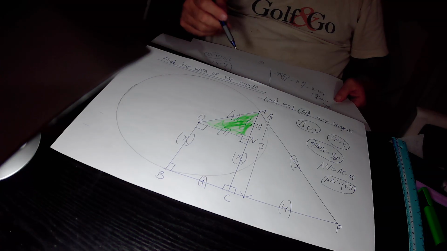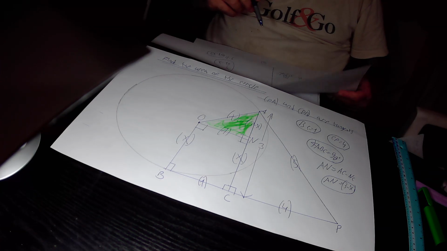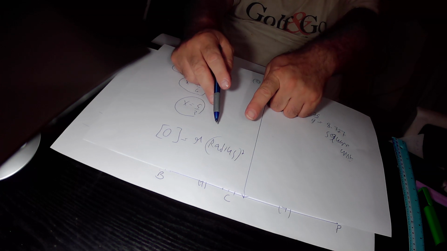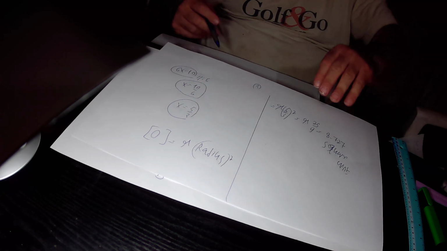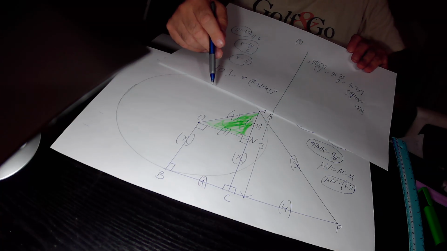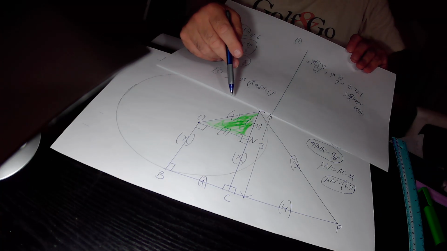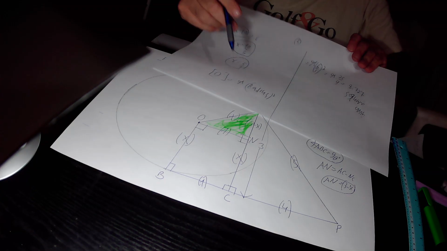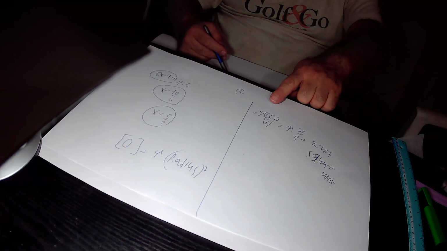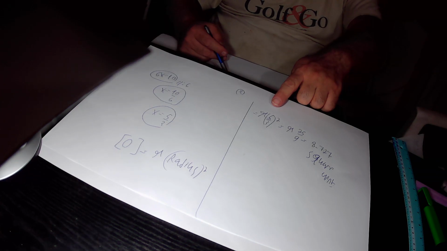The area of any circle equals pi times the radius of the circle squared. The radius is X, so it is pi X squared. X equals 5 over 3, therefore X squared is 5 over 3 squared.